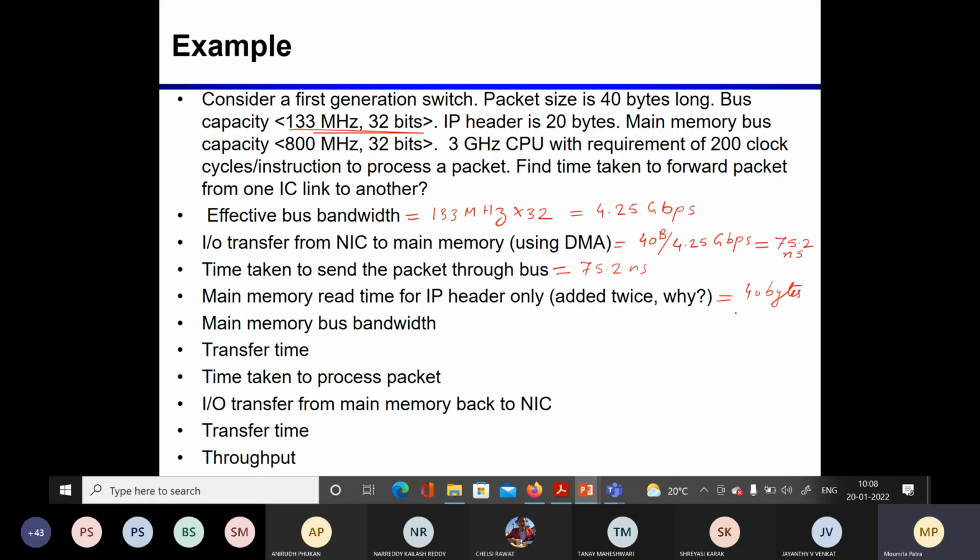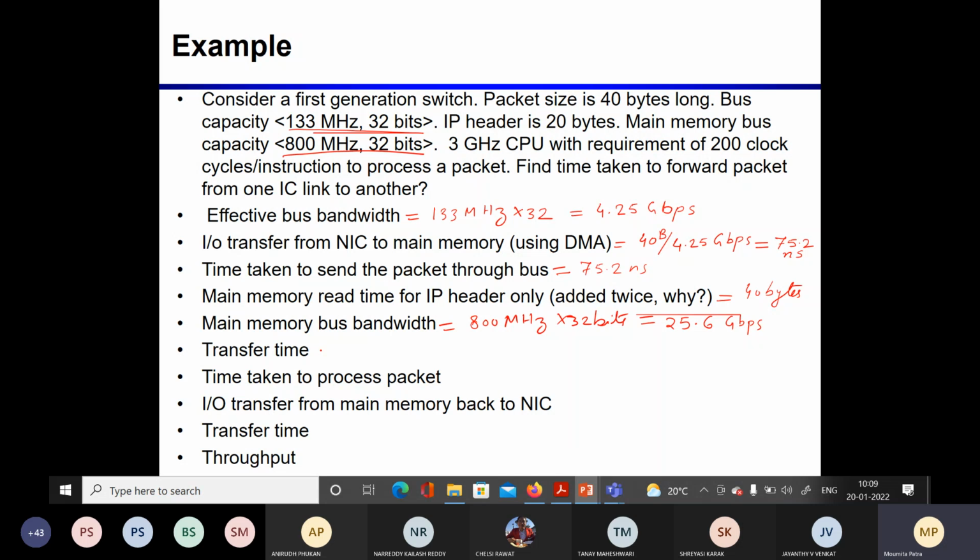So we have bus capacity here: 800 megahertz times 32 bits. So this is 25 point something you said, right? Yes, ma'am, 25.6 gigabits per second, Gbps. All right.